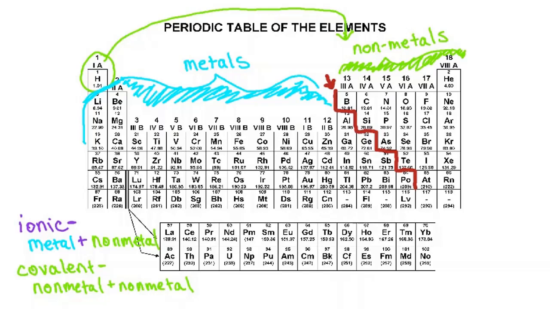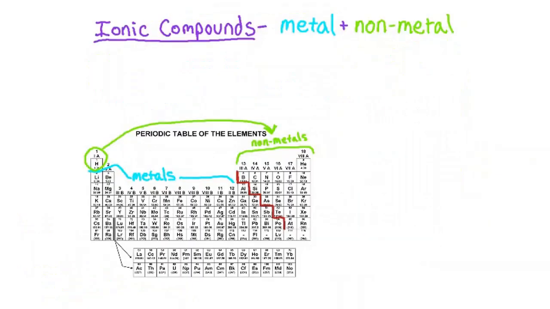A covalent bond is just going to all be made up of nonmetals. So a covalent bond or a covalent compound are compounds made up of nonmetals. So now if you're writing an ionic compound, you're going to have a metal and a nonmetal element in there. So you always want to write the metal first, and then you write the nonmetal.